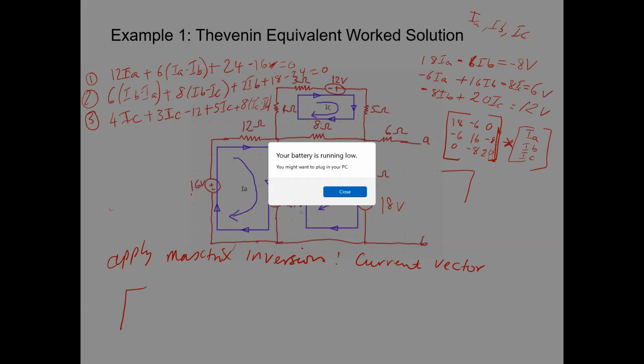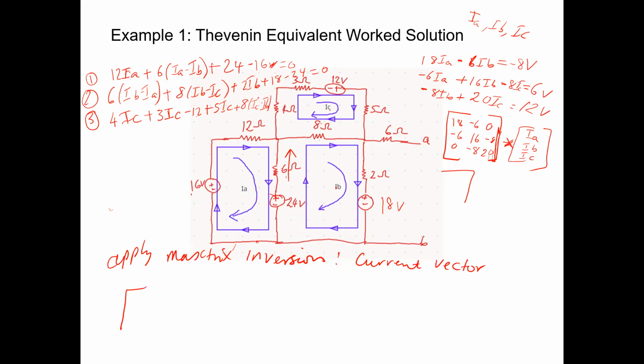I'm just plugging my socket. Okay, now if we see here, IA, the phasor, or the vector, IB, IC, equals to matrix inversion in the form of this.